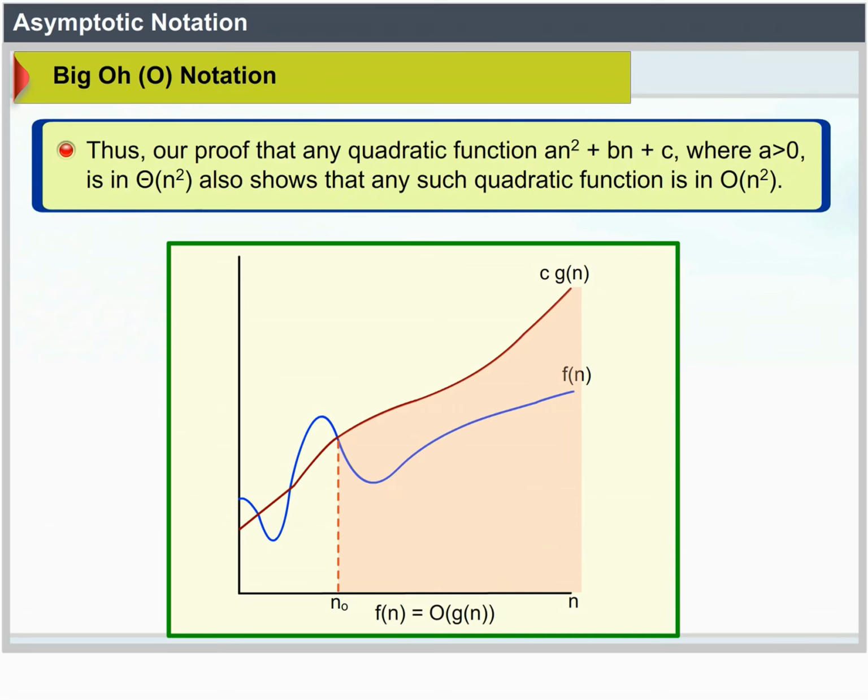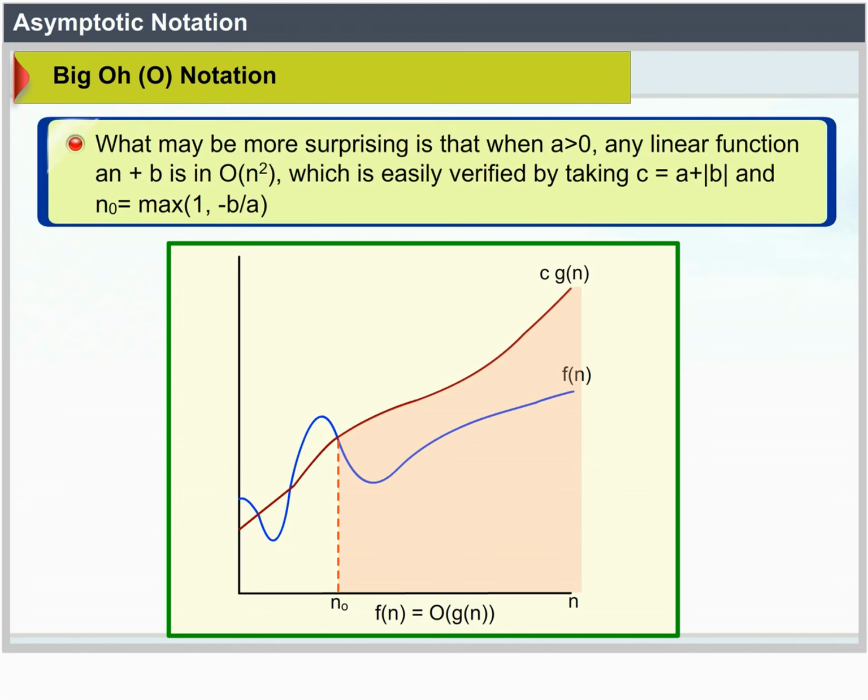Thus, a proof that any quadratic function a n squared plus b n plus c, where a greater than 0, is in big theta of n squared also shows that any such quadratic function is in big O of n squared. What may be more surprising is that when a greater than 0, any linear function a n plus b is in big O of n squared, which is easily verified by taking c equal to a plus mod b and n naught equal to max of 1 comma minus b by a.